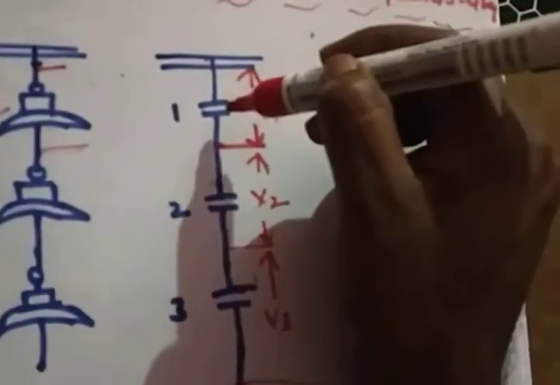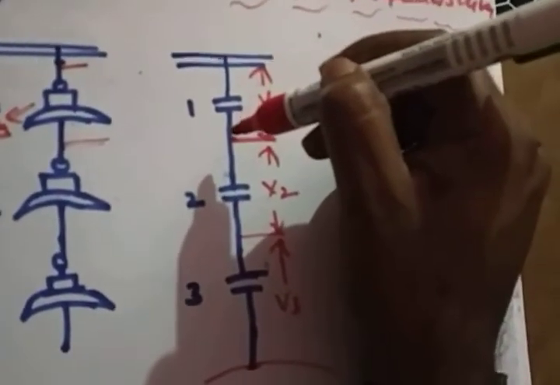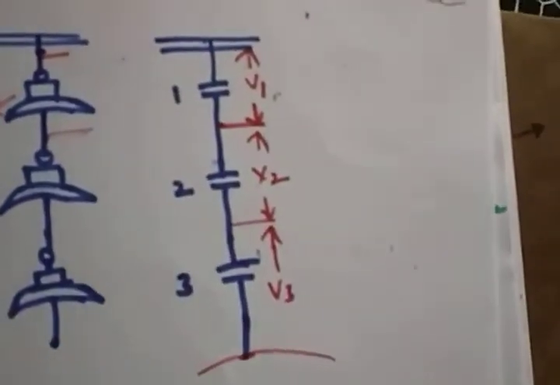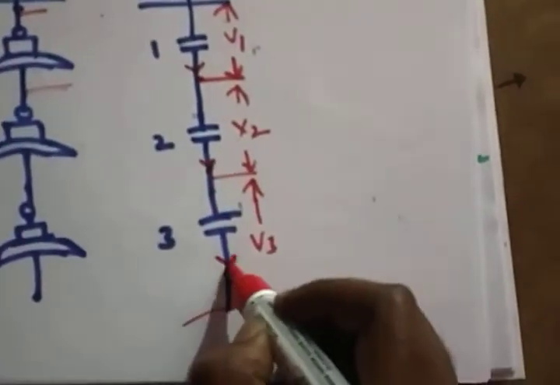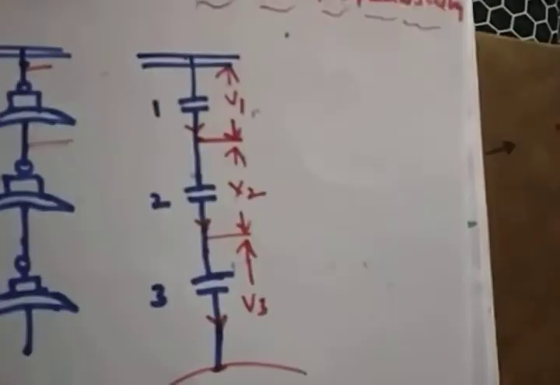If only this capacitance is present in the system, whatever current flows across this suspension will be the same. Only this capacitance exists, no other capacitance. This is a self capacitance, not a mutual capacitance. Only one capacitance exists in this suspension type insulator.